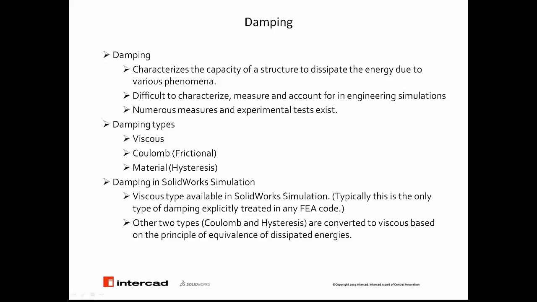Just letting everybody know that dampening in SolidWorks Simulation considers only the viscous type. The other two are simply converted to the viscous type based on the principle of equivalent dissipated energy. So in SolidWorks, we just have the viscous dampening factor.